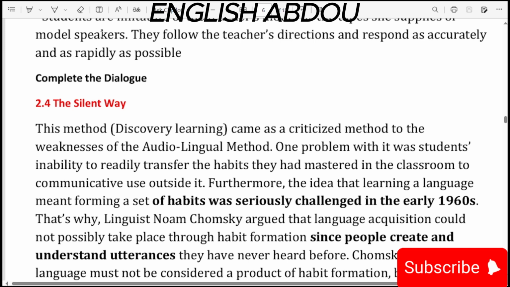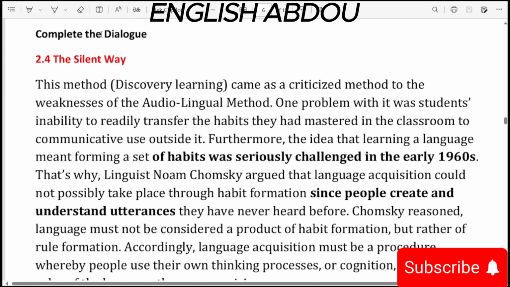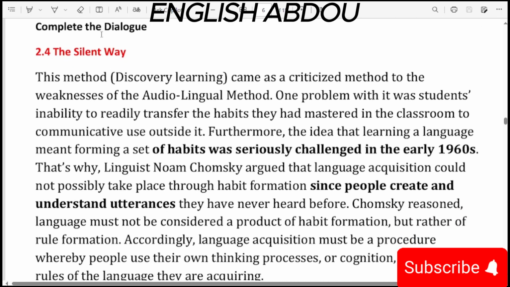Okay, so the silent way is a method that is alternative, it is new, which is based on an approach. So all these methods that we saw are old. They focus more on the neck and up, means they don't care about what students feel, what students can think, what are the problems of students. Okay, the teacher does not care about them at all.